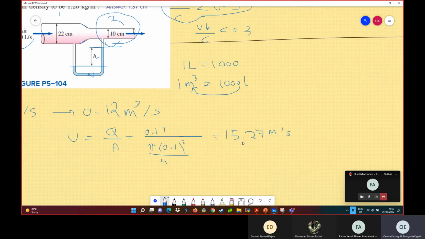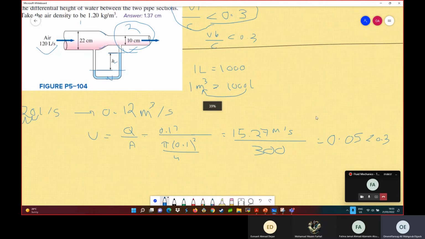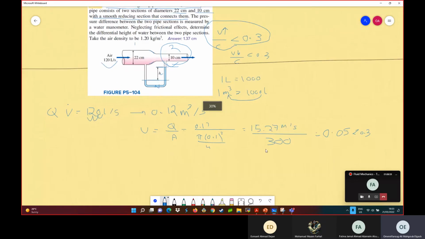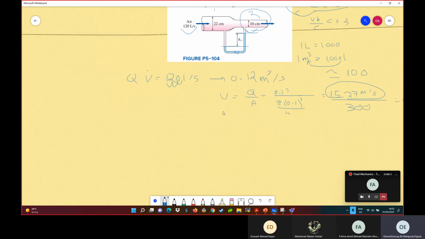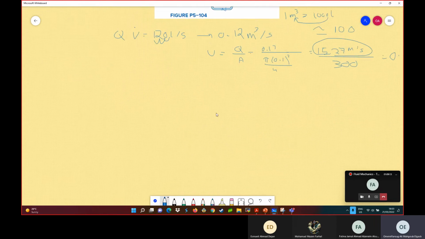If you divide this by the velocity of sound, which is approximately 300, you have 0.05, which is less than 0.3. So of course the flow is incompressible and you can apply the Bernoulli equation. Remember, for the Mach number to be 0.3, the velocity of the air should be approximately 100. So whenever you have a velocity of air less than 100, the flow is incompressible. So now we are okay to use the Bernoulli principle.